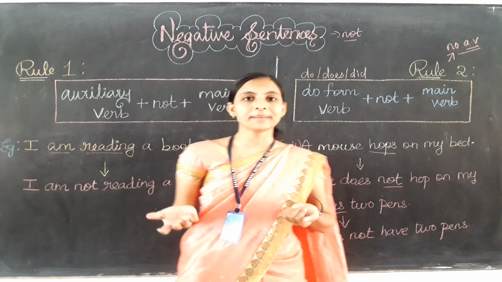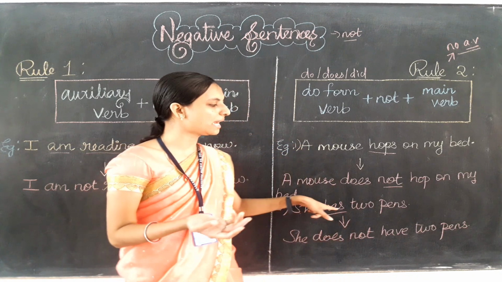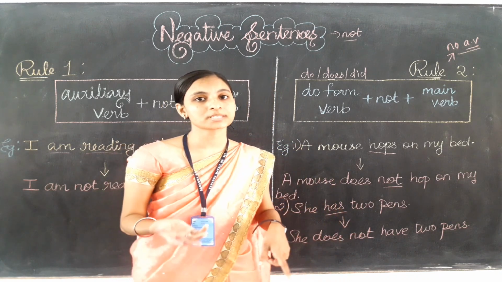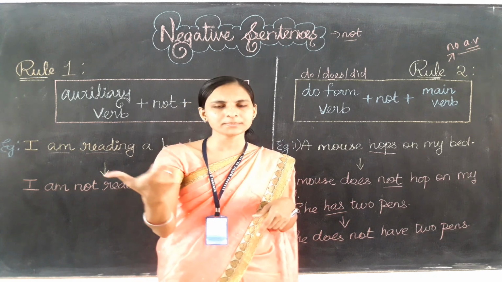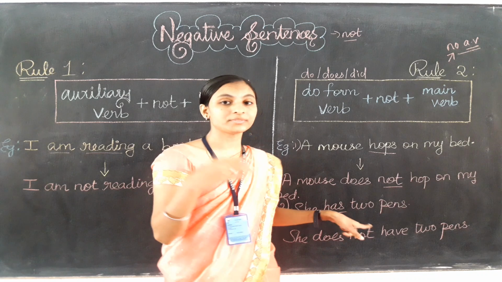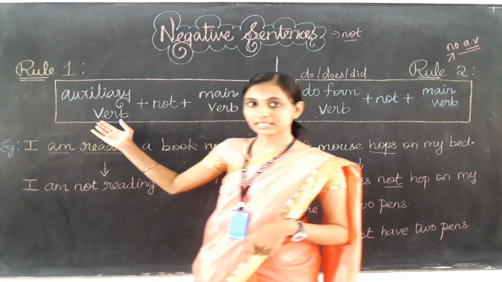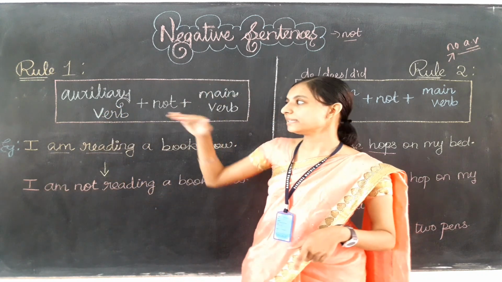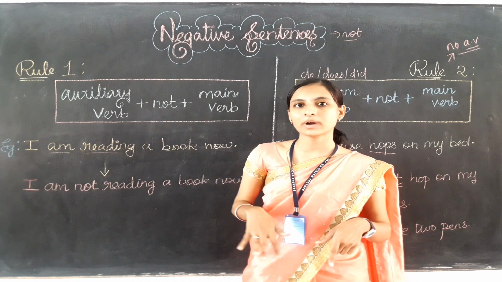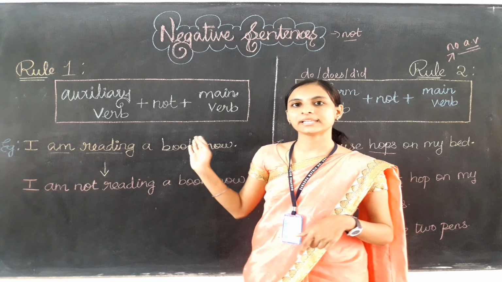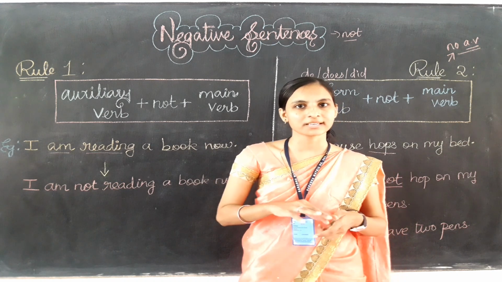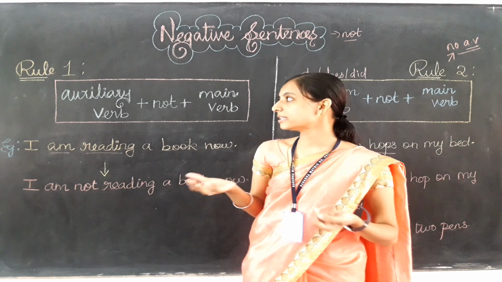Suppose in some places I am telling you, she has left the house. Here the verb has comes with the main verb. If the auxiliary verb comes with the main verb, we can apply rule number 1. Okay, we need to use the auxiliary verb, then not, and then the main verb and all other things. Okay, so I hope you have learned with this video, children.